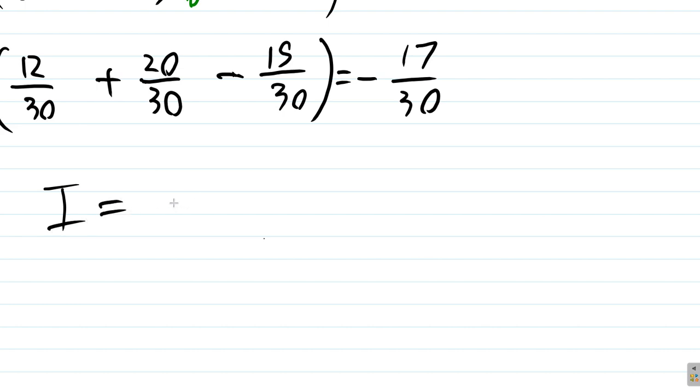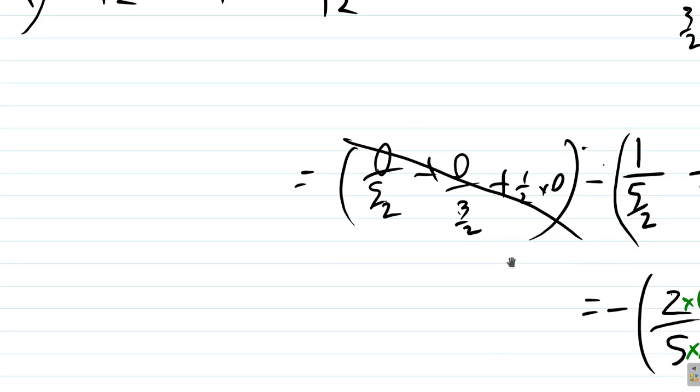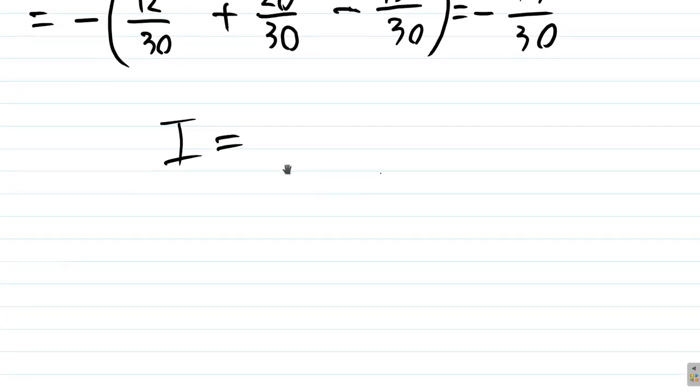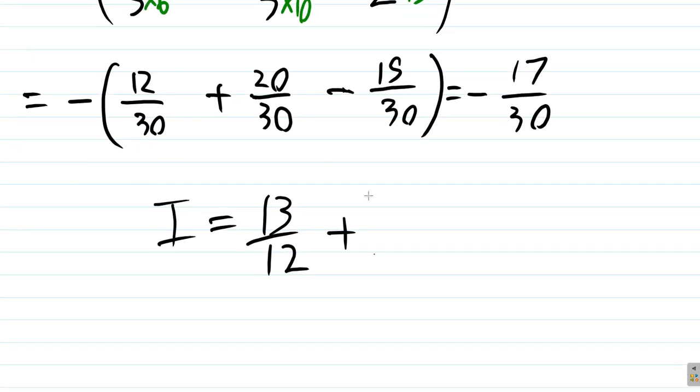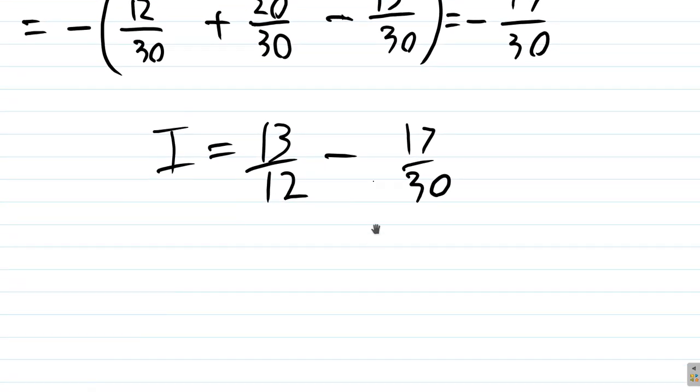The integral, which we call I, was 13 over 12 plus, well, it's negative 17 over 30. Alright. So this amounts to 13 over 12 minus 17 over 30. Alright? Now what does that give us?